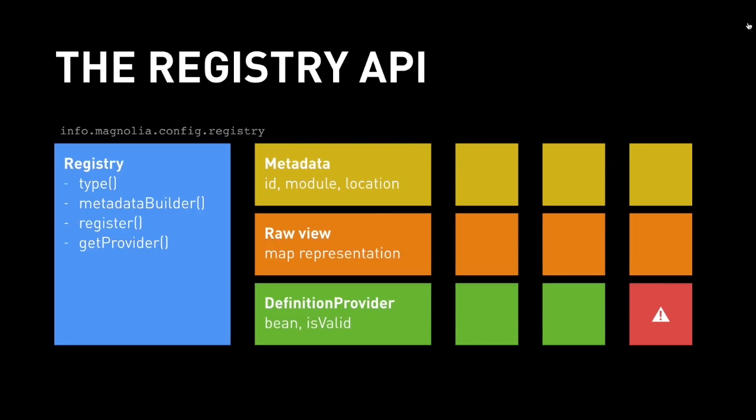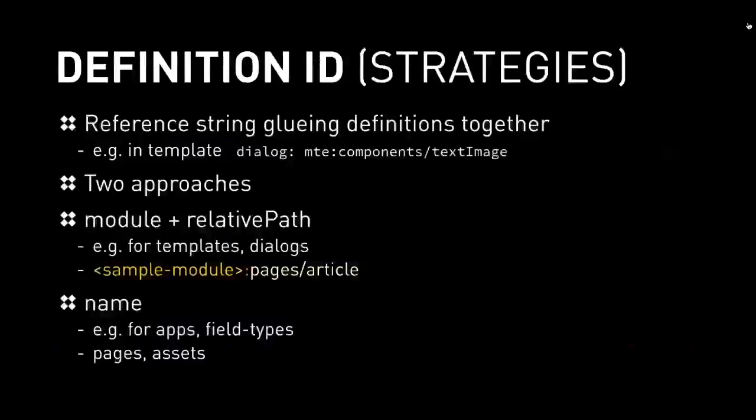If you were using configuration by code or Blossom, then you can still use it and register directly to your entities. This is the registry API. What's important in there is that each registry has a simple type, it has registry methods. What you get out of it is a definition provider. So we gradually increase the knowledge about the objects that are present in the system.